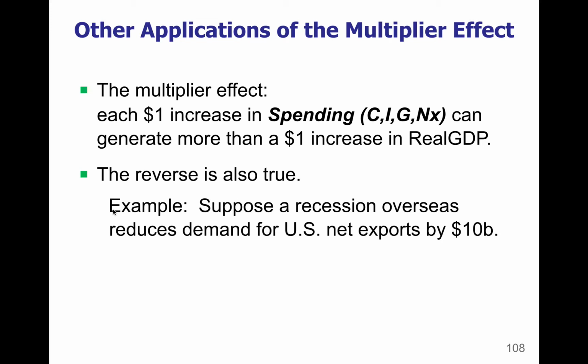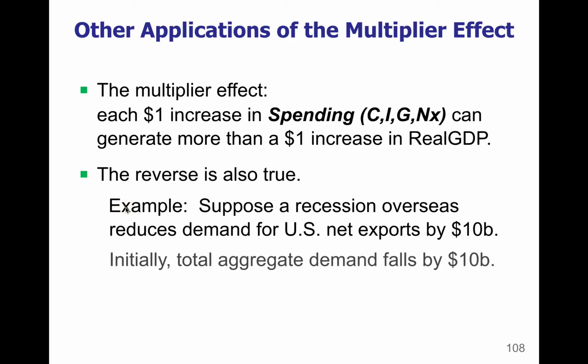So if we decide that we want to remove spending from the economy, we want to encourage savings, or the government cuts spending, then suddenly a multiplied amount of money is removed from the economy as well. So here's an example. Suppose a recession overseas reduces demand for U.S. net exports. If foreigners reduce the amount of their purchasing of American-made products by $10 billion, that spending goes away, but there's also a multiplied effect, because all of these firms who used to sell products to these foreigners now don't have that business.